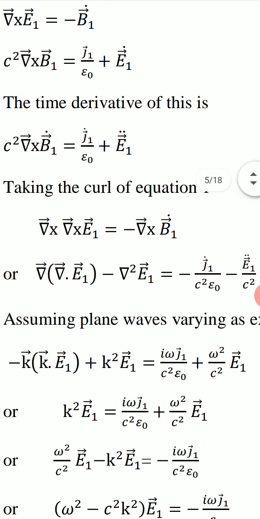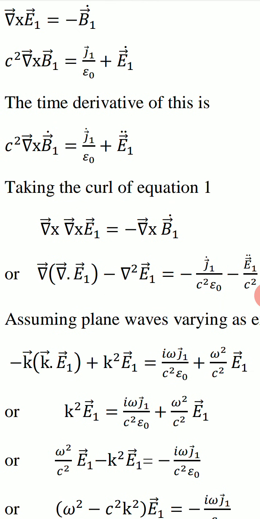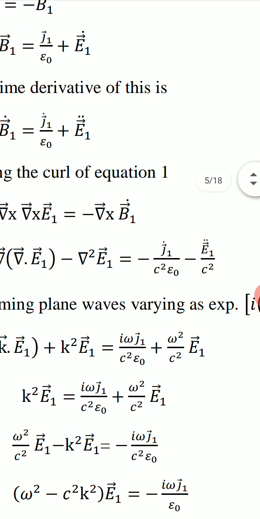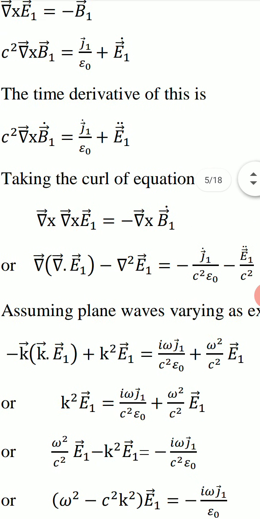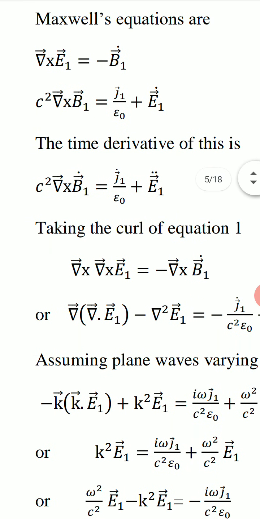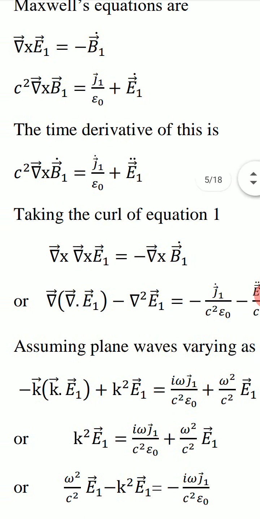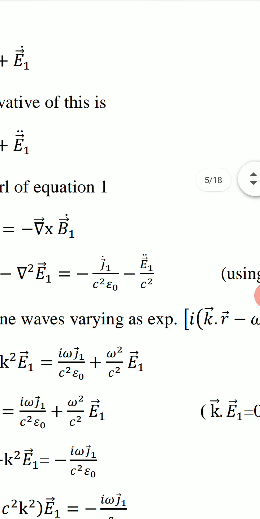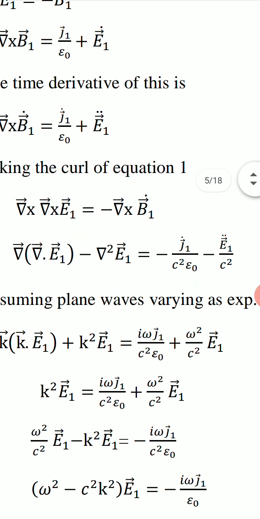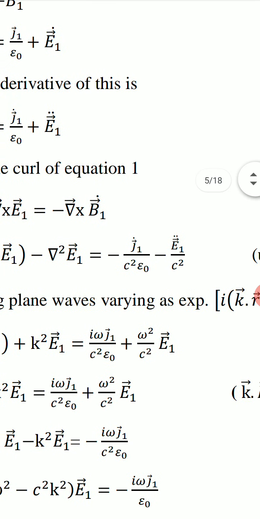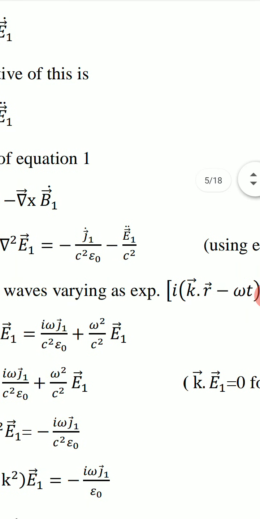Del cross B1 dot will be equal to minus J1 dot upon C square epsilon 0 minus E1 double dot upon C square. So we get the right-hand side as this.